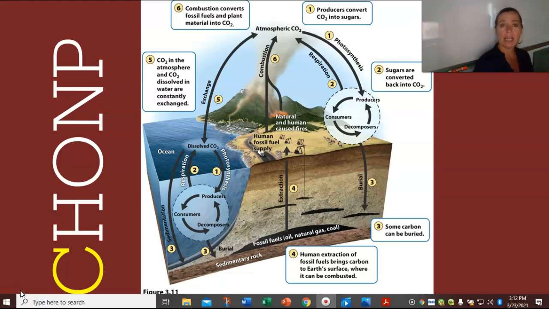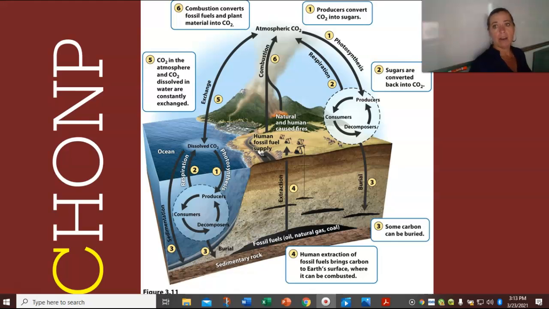So for instance, in the carbon cycle, once again, you could have this exchange where you fix carbon. By the way, the word fix means to take from an unusable form to a usable form. So plants fix carbon from the atmosphere and turn it into organic sugar, right? So that's where that term could fit in there.